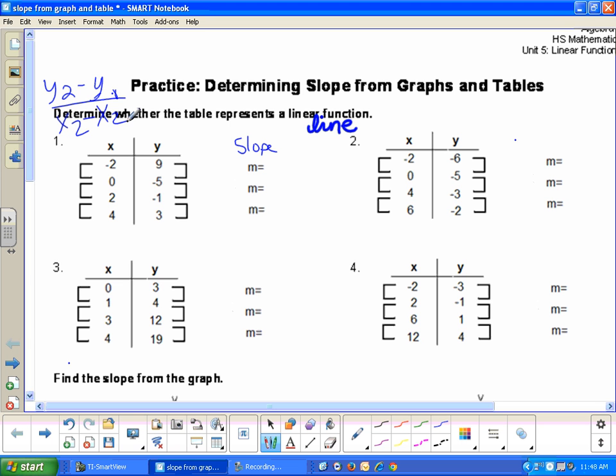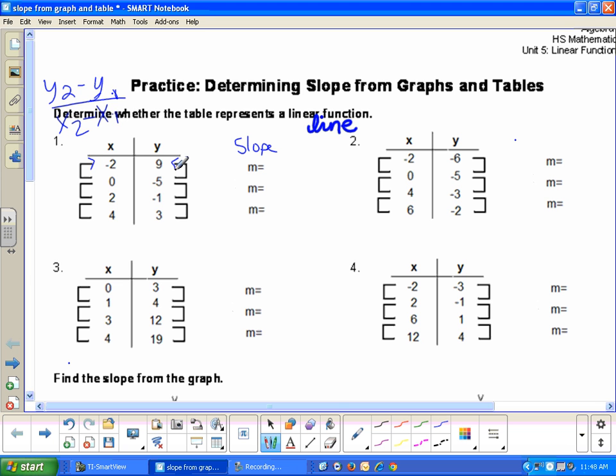Our slope formula tells us y2 minus y1 over x2 minus x1. Well, these are x's, these are y's. So let's look at these 2 points first.